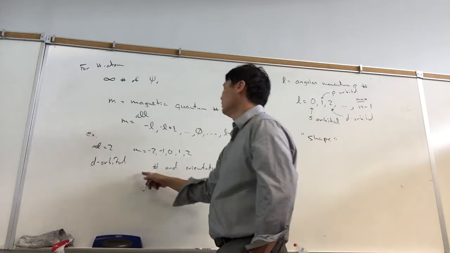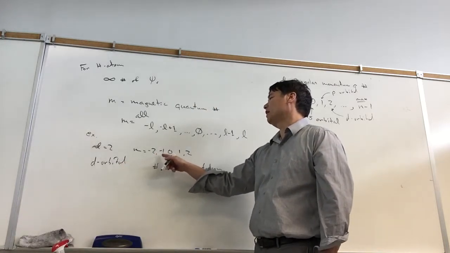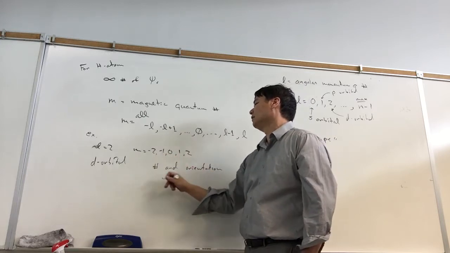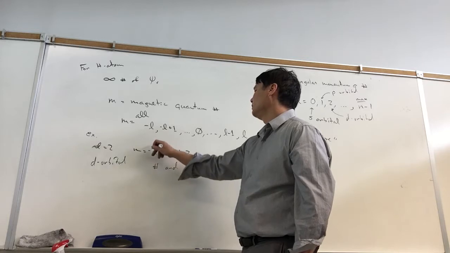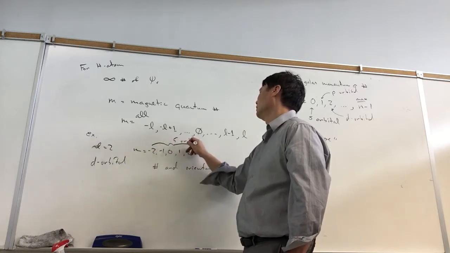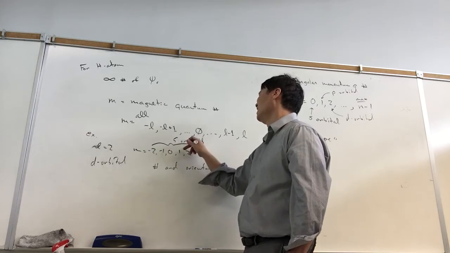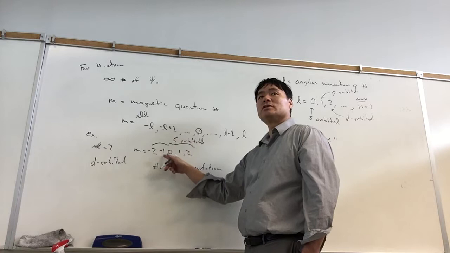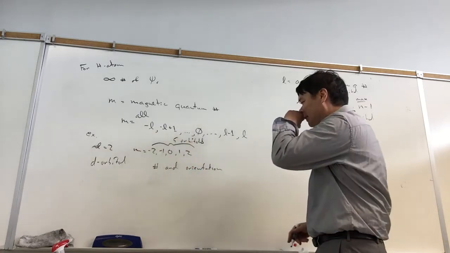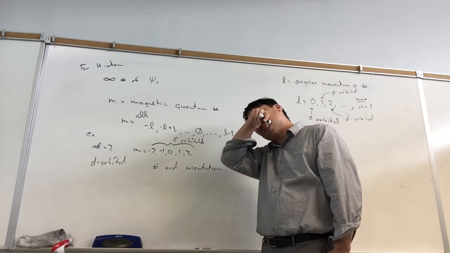If we have a d orbital, then it turns out there are 5 d orbitals because there are 5 m quantum numbers: 1, 2, 3, 4, 5. And so this would mean 5 orbitals. And the orientations can be coded, because a minus 2 versus a minus 1 can have a different orientation. So there are 5 d orbitals with different orientations. They're all the same energy, though.